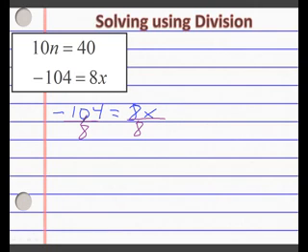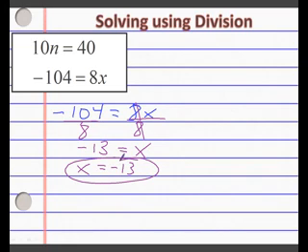So 8 divided by 8 is 1x, or just x, equals, now negative 104 divided by 8 is negative 13. So x equals negative 13. That's my solution.